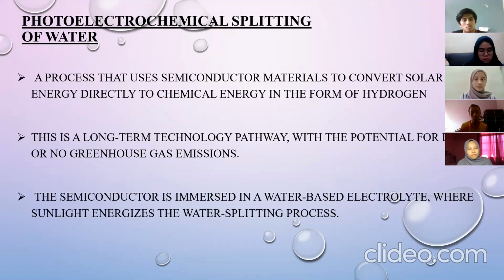Since it uses hydrogen as an energy carrier, it will give benefits such as reducing greenhouse gas emissions, reducing air pollution, as well as improving energy efficiency. The process involves immersing the semiconductor in a water-based electrolyte, where sunlight will energize the water splitting process.